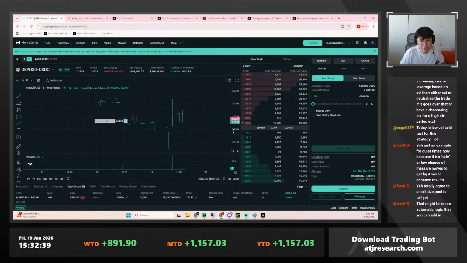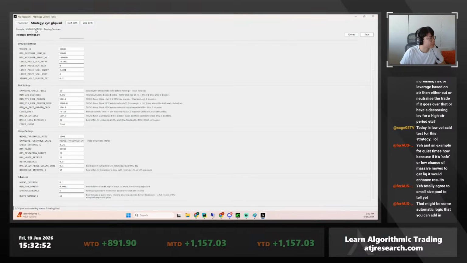Or actually, I want to show you something really cool. What if I narrow the spread where I would be top of book on bid and ask, right? I will show you how to become an actual market maker with this trading bot. What if I went even one level lower?